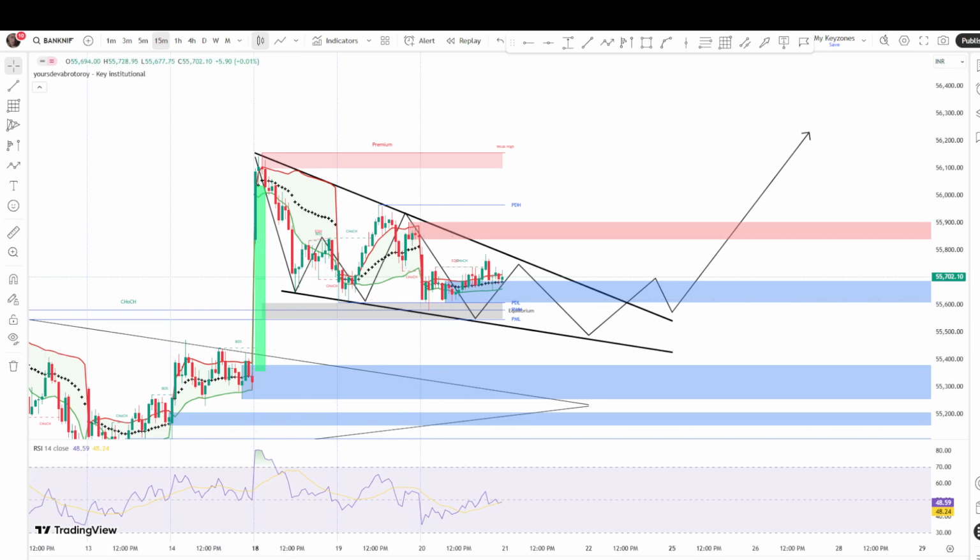If I check options data, I think 56,000 is a clear resistance area around this level.